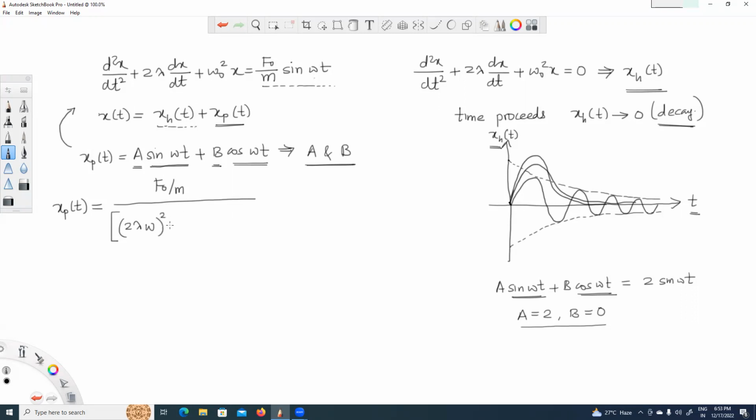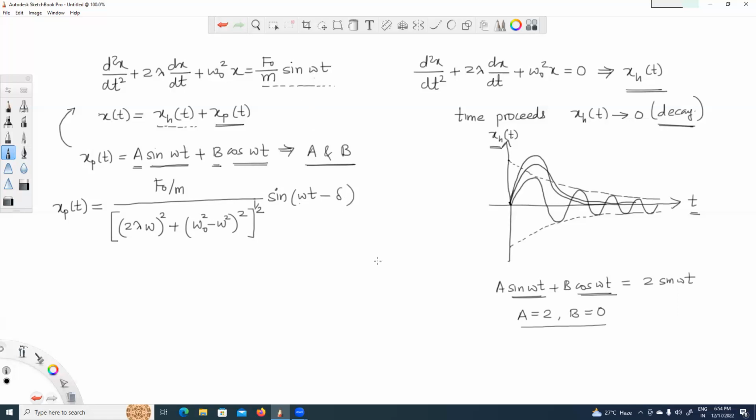So square of this plus bracket omega naught square minus omega square, bracket square, and the whole bracket raised to half, the square root of this, times sine of omega t. Again, this omega is the frequency of this forcing function, minus there'll be some phase.